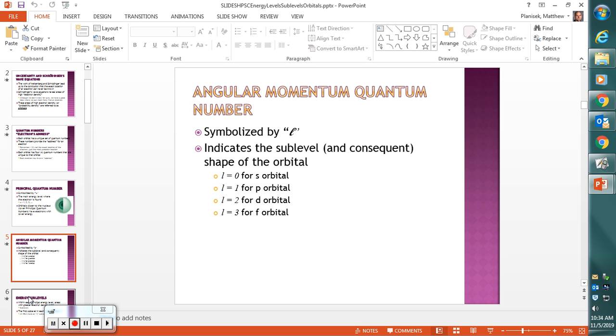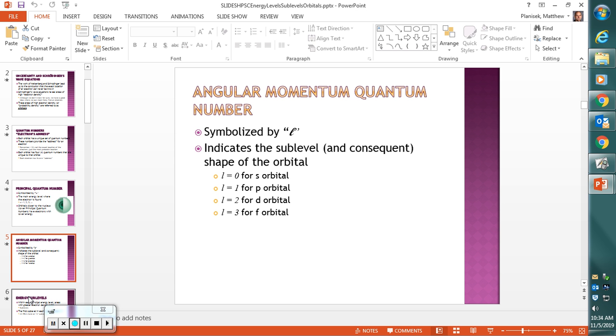Regardless of how far away they are from the nucleus, if an orbital is spherical, we call it an s orbital. The next shape we run into is a p orbital. Generally speaking, what do p orbitals look like? Those are going to be like hourglasses. Regardless of how far away from the nucleus this hourglass orbital is, if it's an hourglass shape, we refer to it as a p orbital.